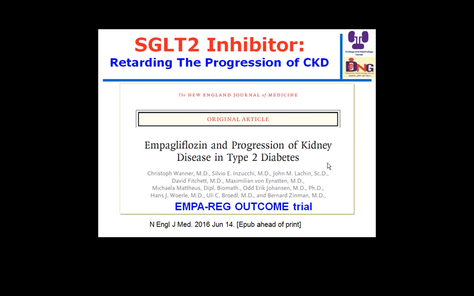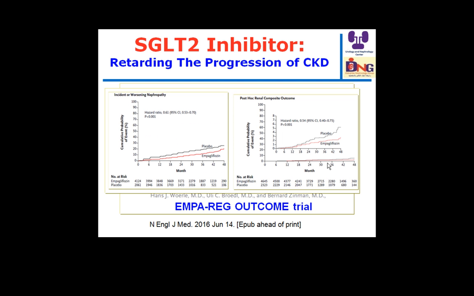What about the human trials? This is one of the trials, the EMPA-REG outcome trial, empagliflozin and the progression of kidney disease in type 2 diabetes, that was published in 2016. This study showed, in comparison to placebo, the number of patients included in either the EMPA or placebo arm. Here you can find the cumulative probabilities of events.